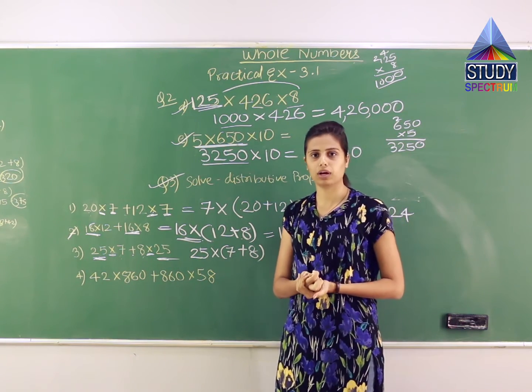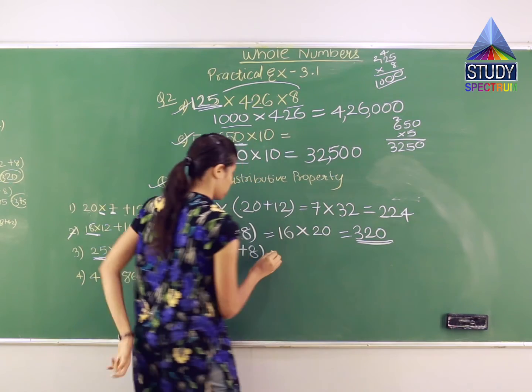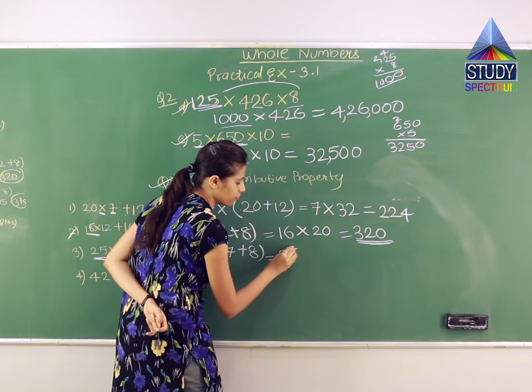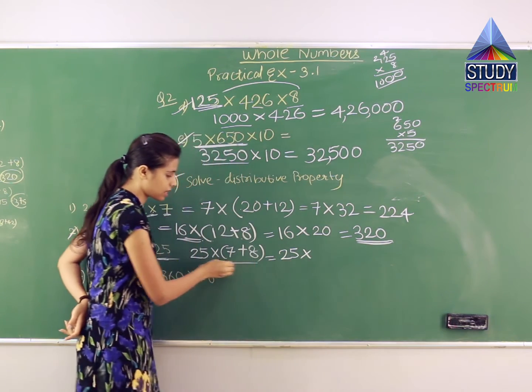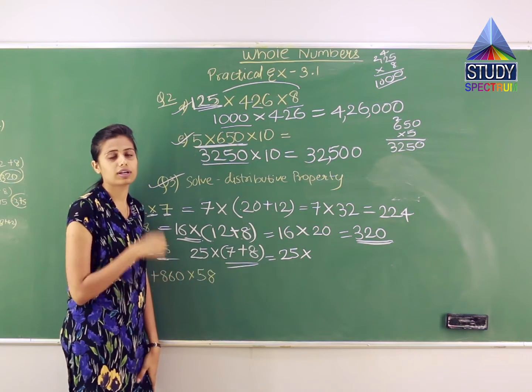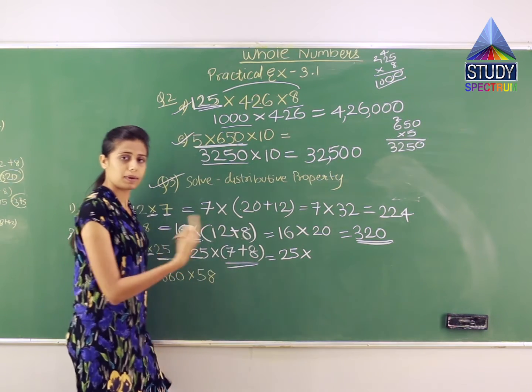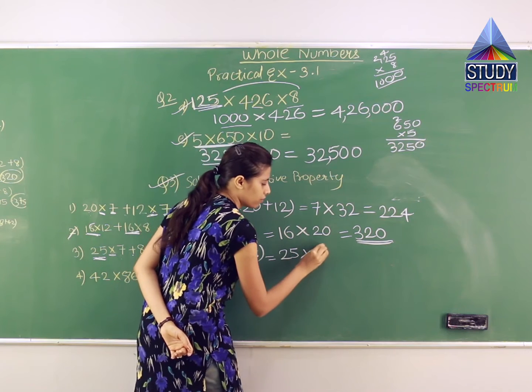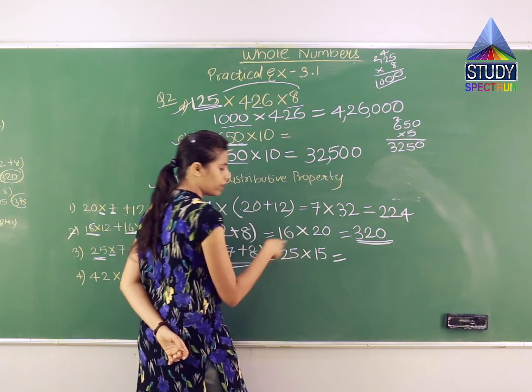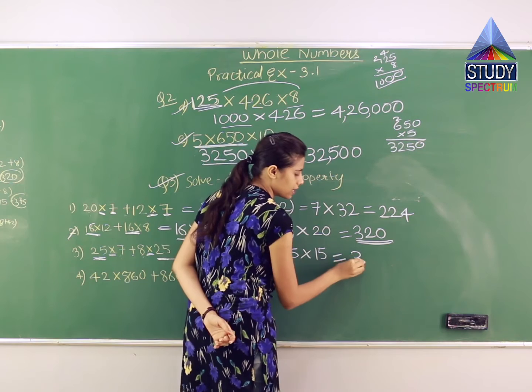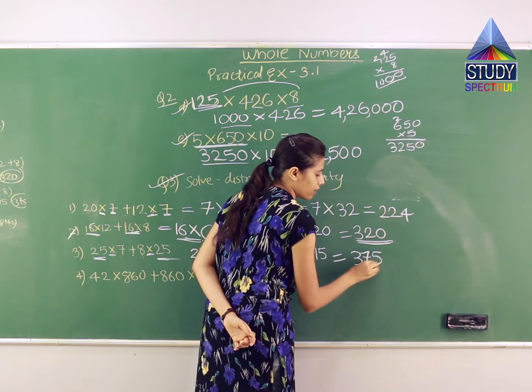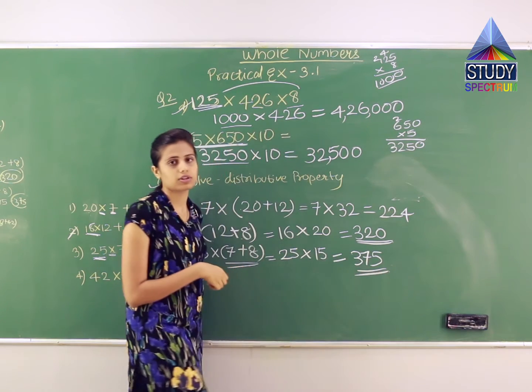We will solve the bracket first. So it will be 25 multiplied by the sum of this, which is 7 plus 8. What is 7 plus 8? 7 plus 8 is 15. So it will be 15. When you multiply this, you will get the answer as 375. So this is the answer for this question.